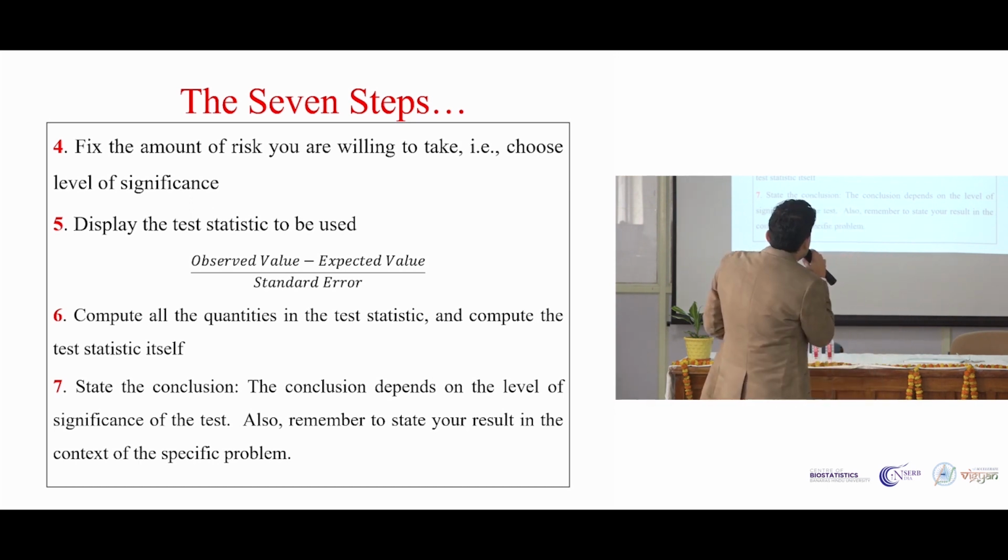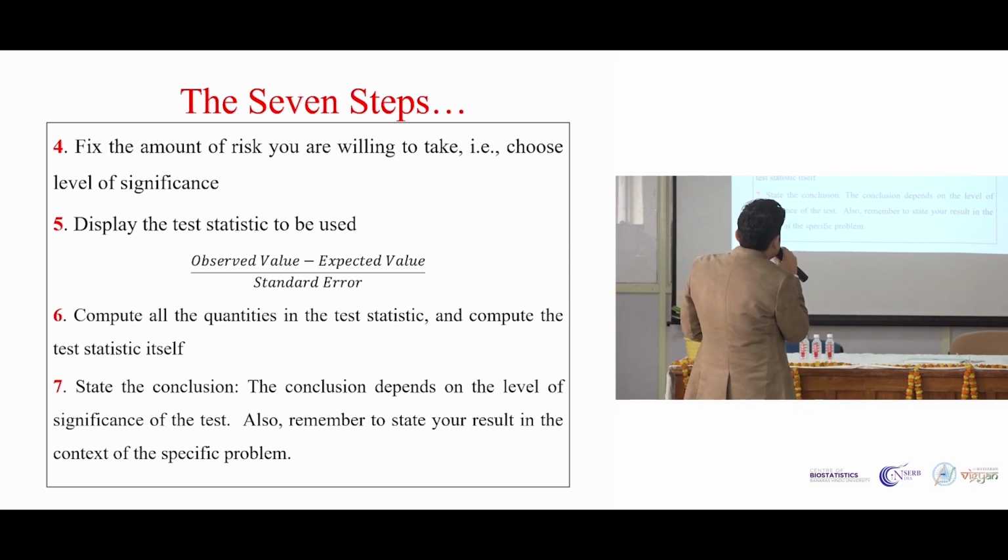Okay, so this is the fourth step. Fix the amount of risk you are willing to take. That is, choose level of significance, alpha. Now, fifth step, display the test statistics to be used. Test statistics means you are developing a statistic which you are testing.